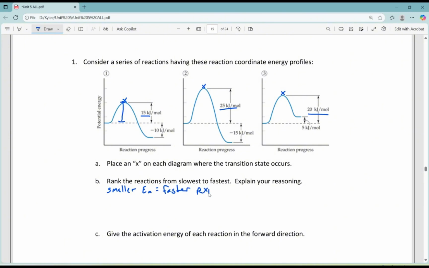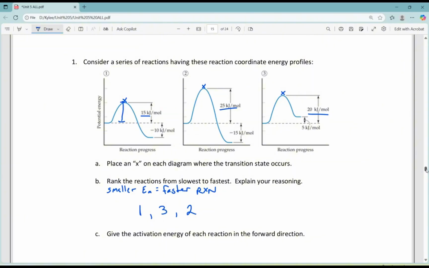So smaller activation energy equals faster reaction. So I would say that reaction 1 would be fastest. Then 3 has a 20 kilojoule activation energy. And then 2 has a 25 kilojoule per mole activation energy.